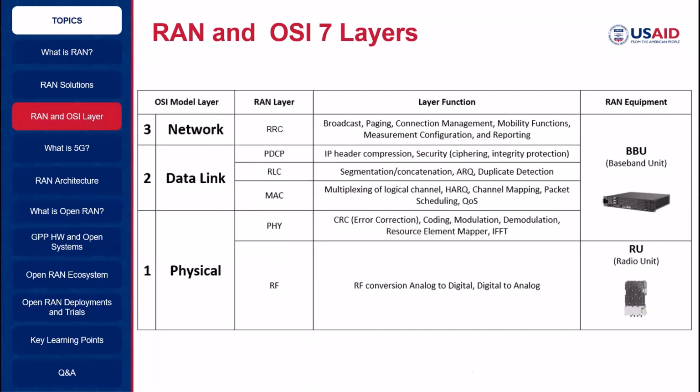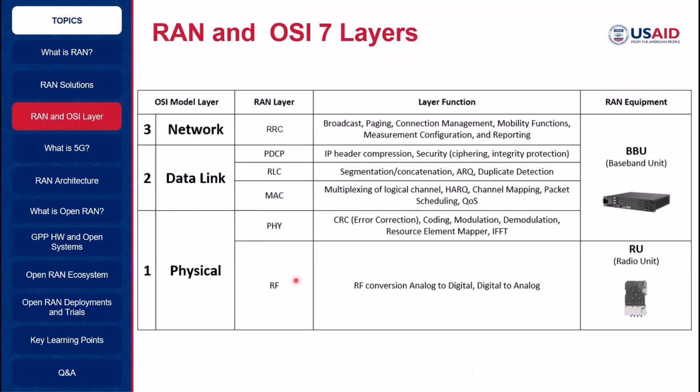Okay, so ito yung ating distribution ng mga functions of our radio equipment compared sa mga functions nila in terms of the comparison with the OSI layer and mapping it with the radio access network layer. So if you will be asked, no, sa inyong mga quiz. So network layer is RRC, data link layer is PDCP, RLC, and MAC, and the physical is physical and RF.